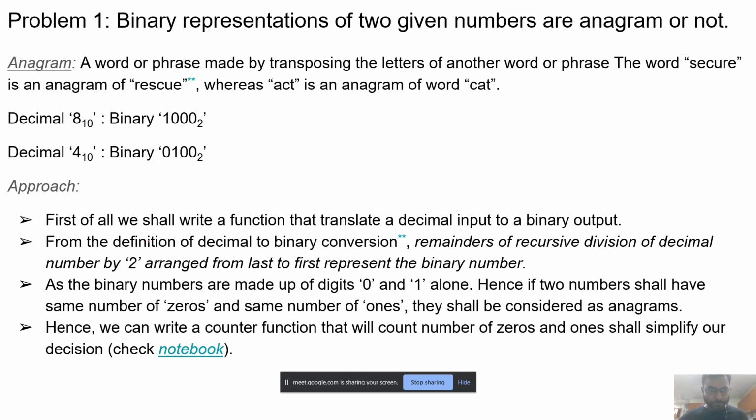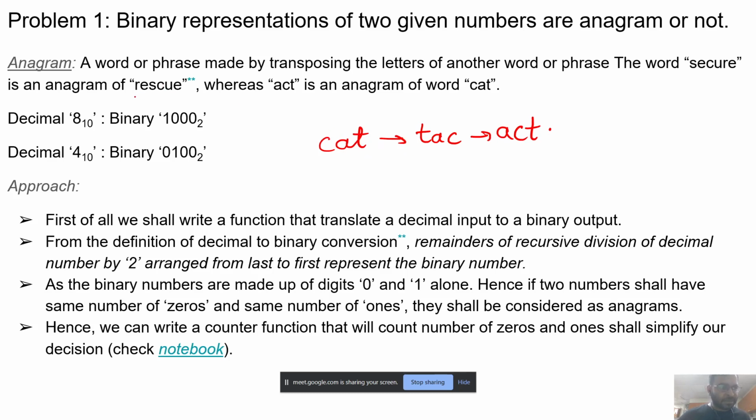So for example, as it is given here, we have the word cat, so we have one C and one A and one T. We can rearrange these letters to get a word like tack or maybe act. So with the help of the letters available in the word, we'll try to create other words. All those words will be called anagrams.